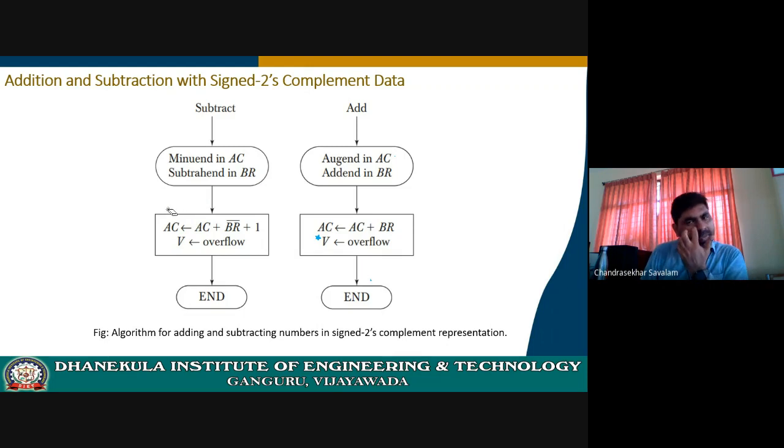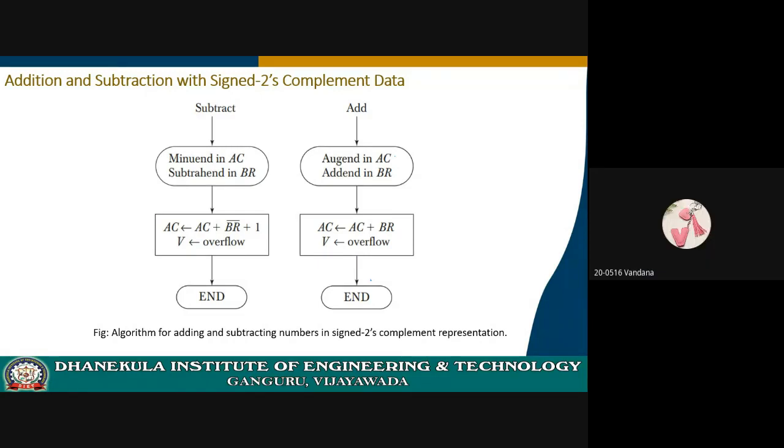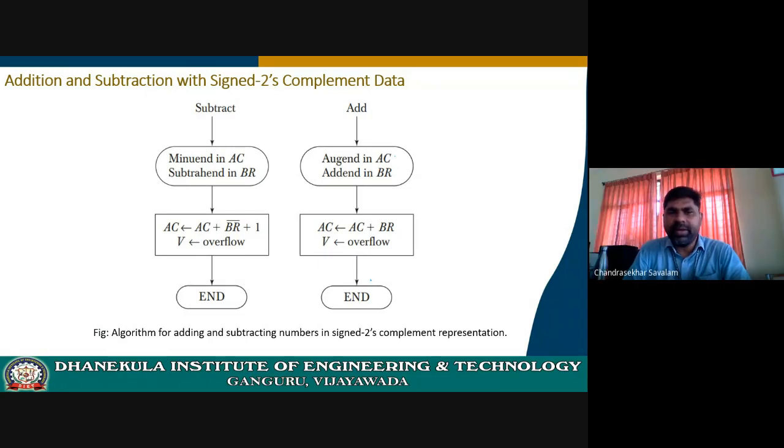So this is the algorithm for addition and subtraction with signed 2's complement representation of the numbers. Do you have any doubts, students, regarding this? No, sir. So with this, we completed the first topic, which is addition and subtraction.